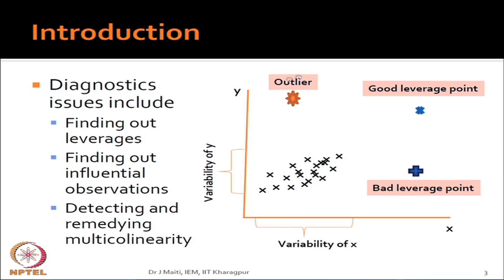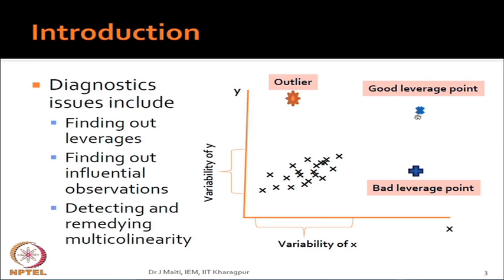Now, all these observations can have influence on the regression estimates. Any observation which influences the regression estimate is known as an influential observation. Generally, you will find that an outlier will not affect the regression estimate much, but the leverage point will, for example, there is a good leverage point.